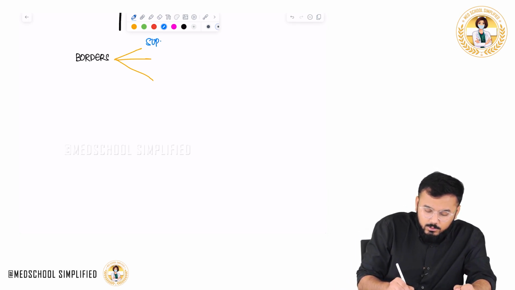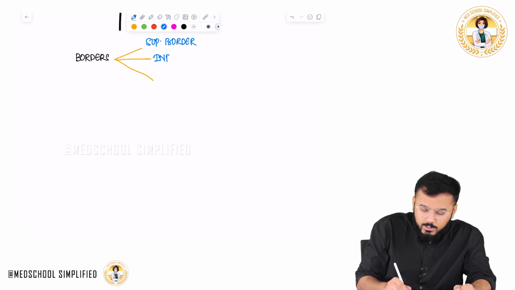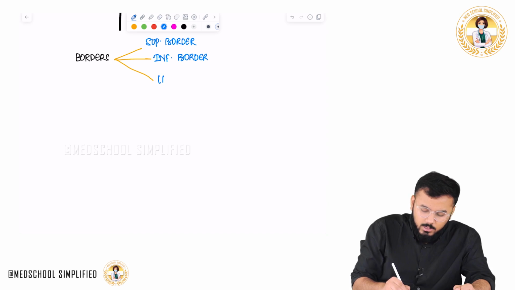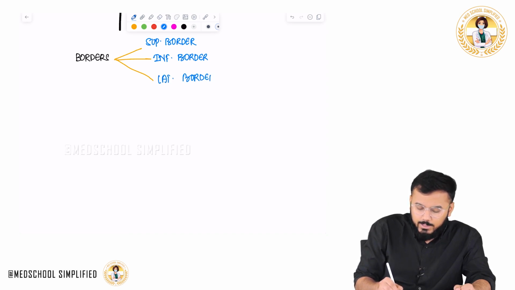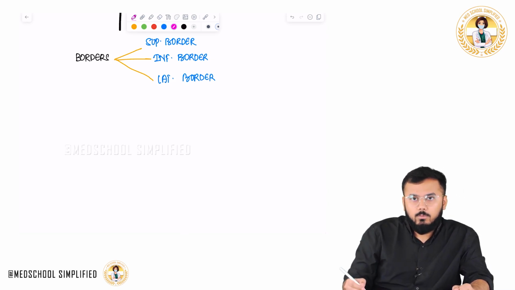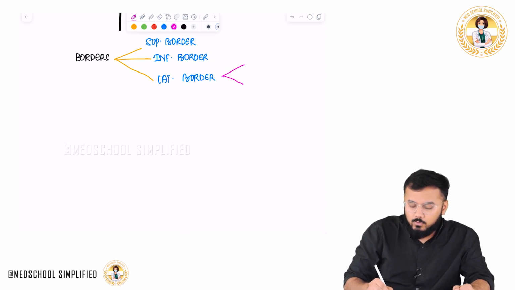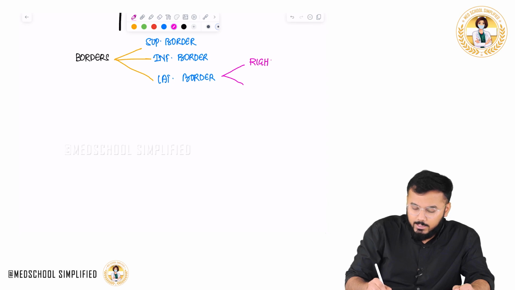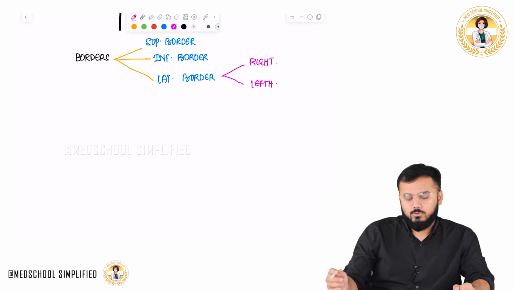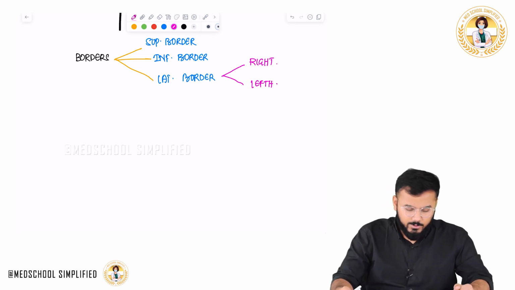So we have the superior border, next the inferior border, and then the lateral border. When it comes to the lateral border, there are two lateral borders, one on the right and one on the left.